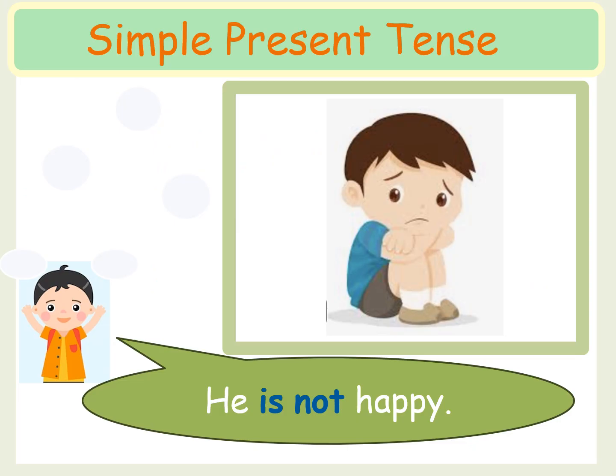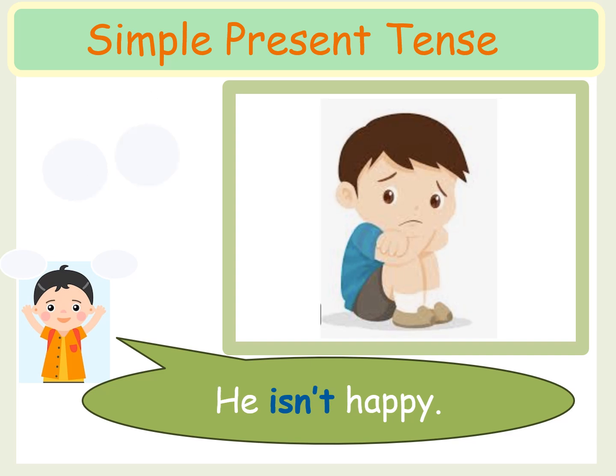He's not happy. In English, sometimes instead of saying, for example, he's not, we shorten it or contract it and say, he isn't. He isn't happy. So why do we use short form?